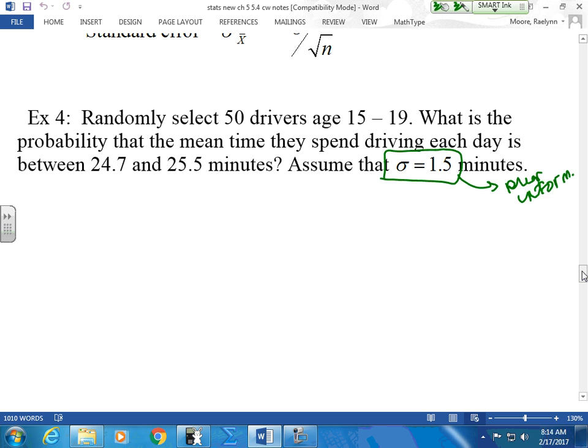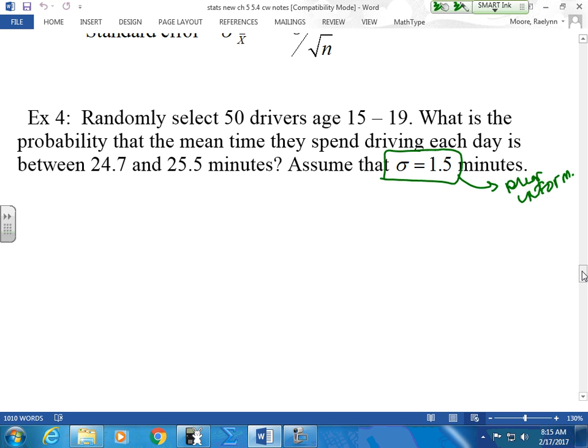So we're going to say, okay. It's in your book as well. You're going to need to look at those charts to see what the minutes is. So I'm looking for the age group. It's on page 266. If I'm looking for the age group 15 to 19, what does their population mean? 25 minutes.